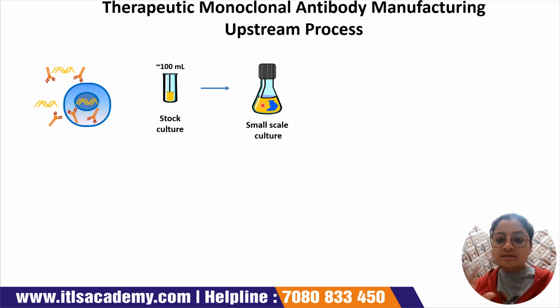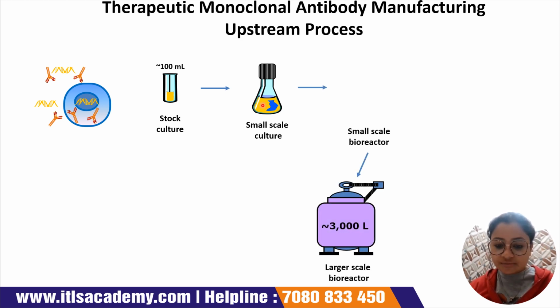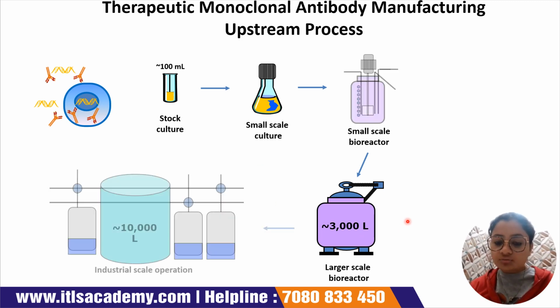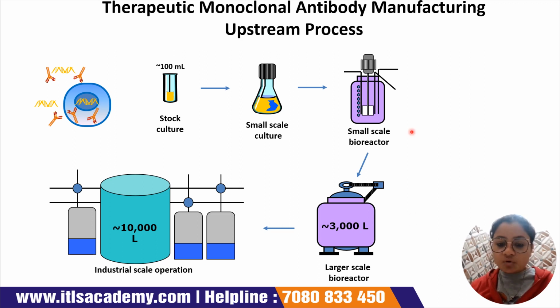Then we do a small scale culture utilizing this stock culture. After that we take a small scale bioreactor. From there we transfer to a large scale bioreactor which can hold around 3000 liters.